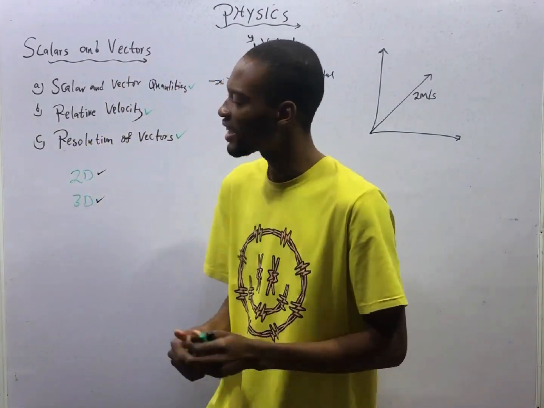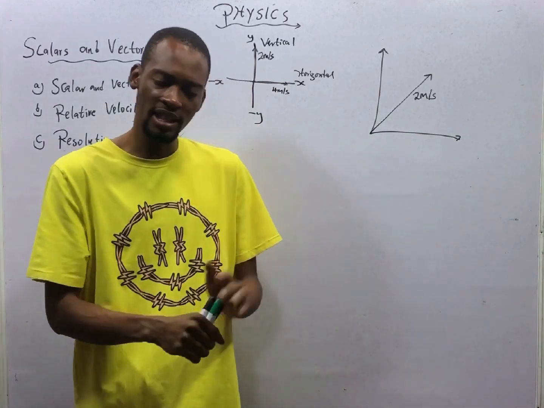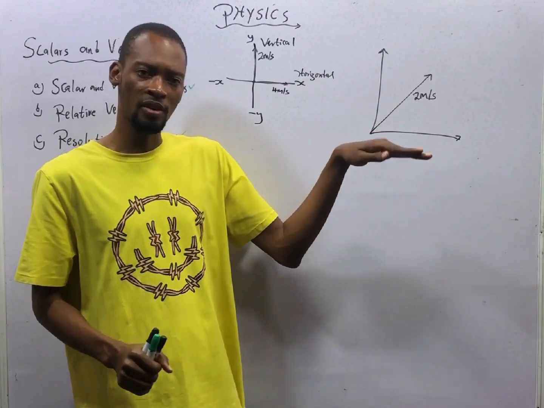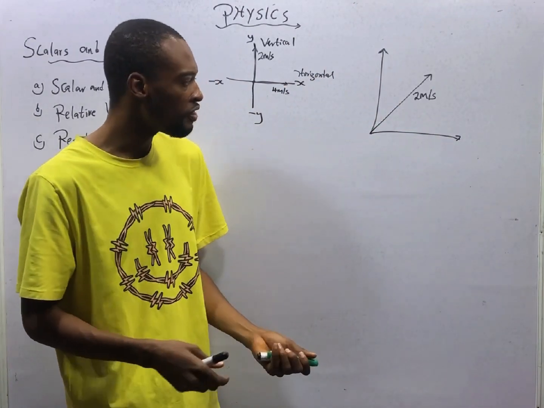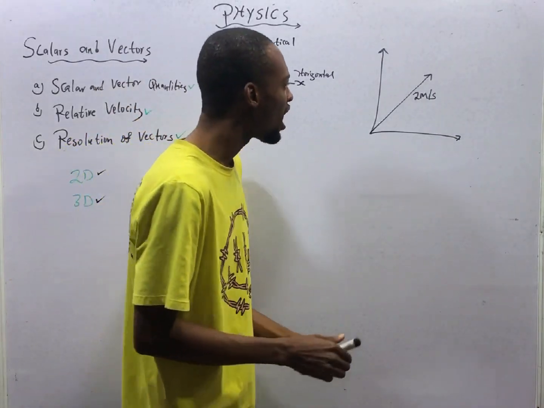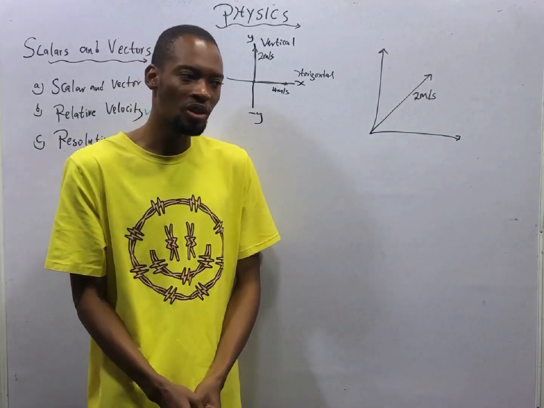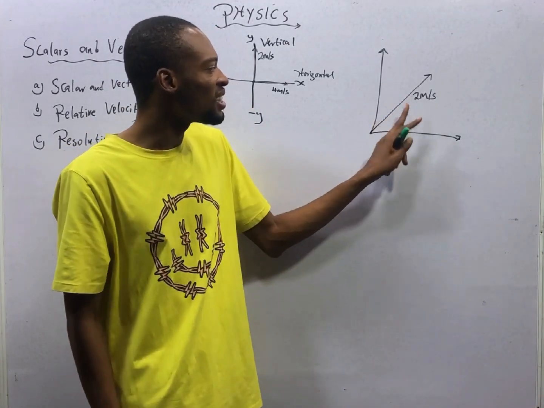Vectors that are not in the vertical or horizontal, trying to take them to those directions and trying to collect them. So getting vectors in their vertical direction or in their horizontal direction, that is what we do with resolution of vectors. Now, how do we resolve vectors? Or what should you know when it comes to resolution of vectors? For this, it is inclined.